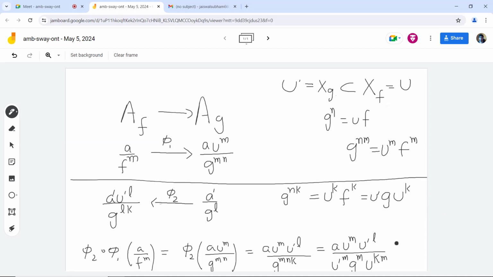This looks like a mess. It is equal to f to the km, right, in the denominator. So that is coming from the second equation, but there is a u prime. So you mean u prime?